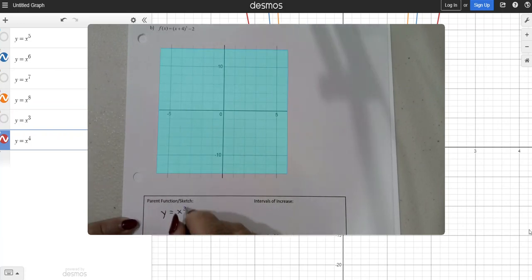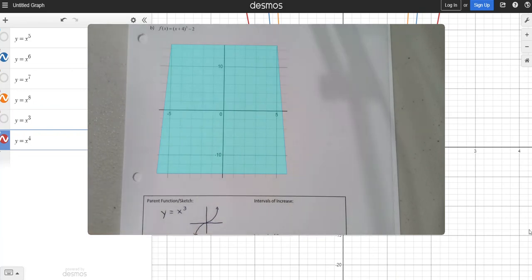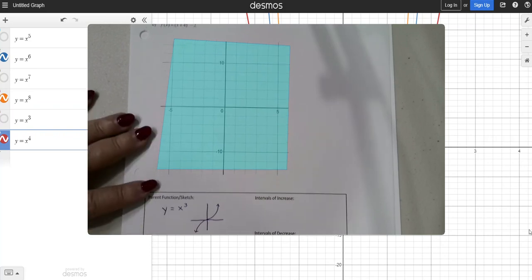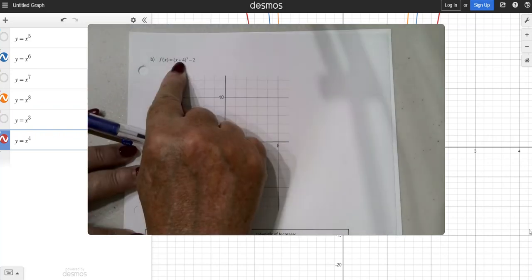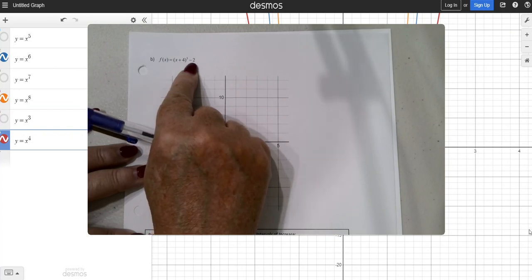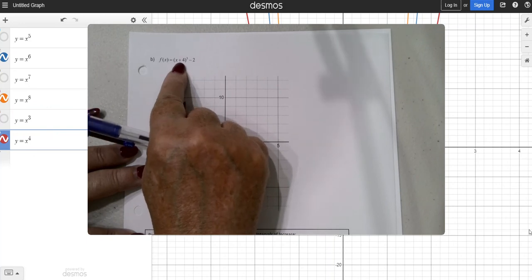I know because of the odd power, that graph is one of the waves. Looks like that, right? All right, as far as transformations, inside the parentheses, I have my horizontal transformation, so that's left 4, and outside is the vertical, down 2. Left 4, down 2.